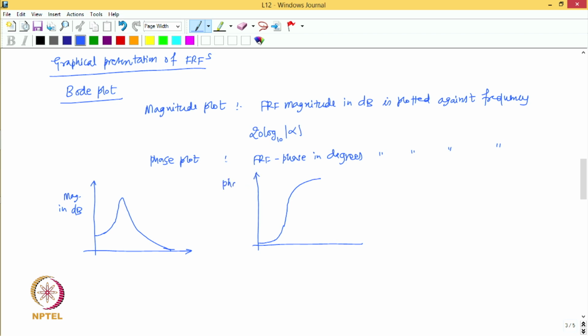That is the phase in degrees. So this is basically the Bode plot. The advantage of this plot is that from the magnitude plot, we are able to see how the magnitude of the FRF varies over the whole frequency range when the excitation frequency varies, and the phase plot shows the information about the phase at different frequencies.